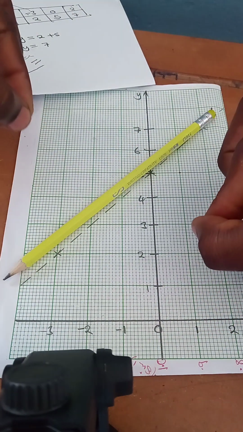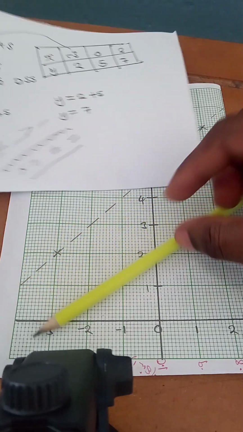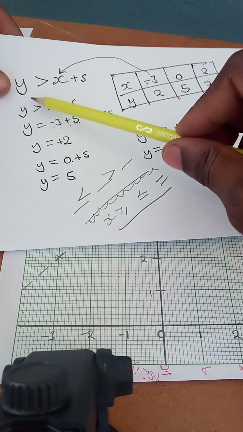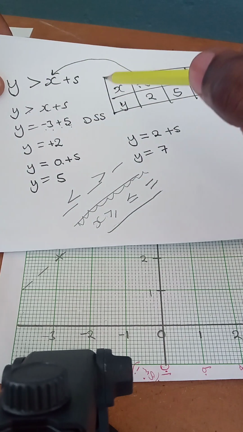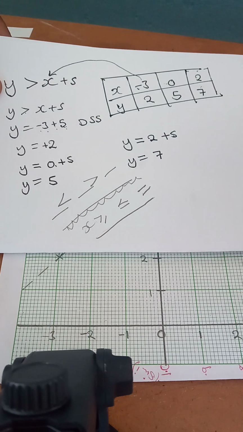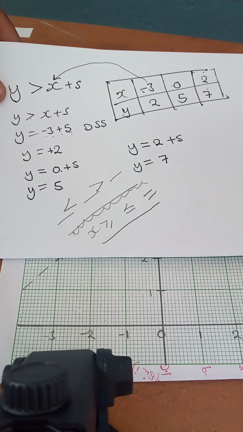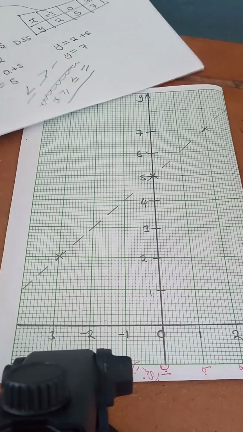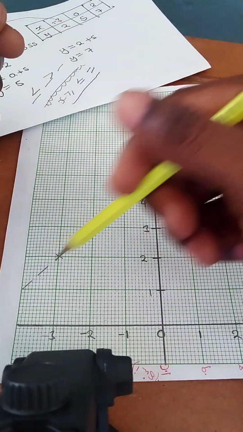When you pick that point, you will test it in the inequality y is greater than x plus 5. After you test it, if you get a true mathematical statement, then you can shade the side where you picked that point. Make sure that you are picking the point on either side, not on the line.